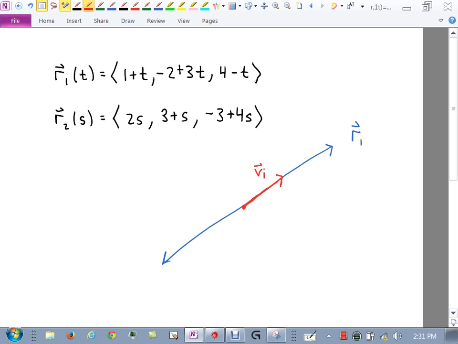Then we have some other line sitting out here, R2, and it has its own direction vector. It's not the same as the other direction vector. Well, maybe it is if they're parallel, who knows. But we'll call this one V2.